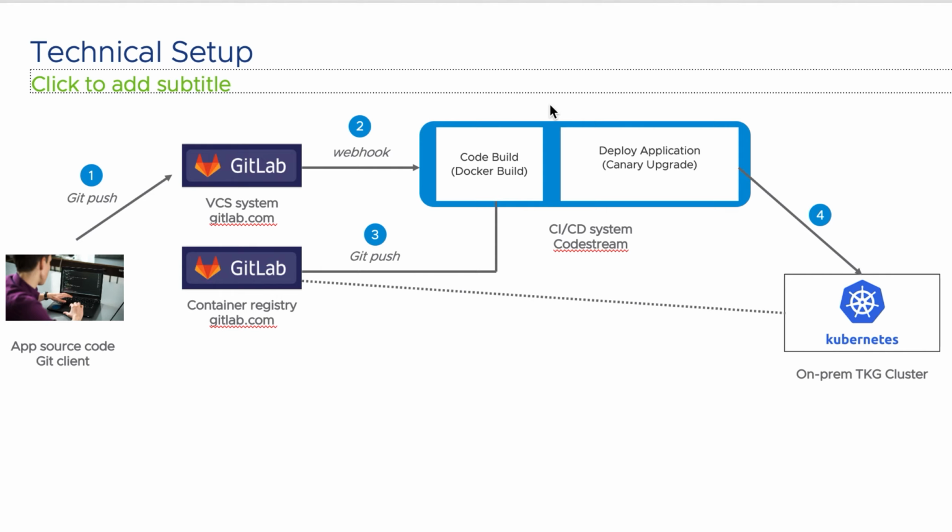The concept of a Canary upgrade is that we don't upgrade our entire user base at once from release N of a given application to release N plus one. In parallel to release N, we gradually introduce release N plus one, deploying it to a specific group of users based on grouping, geographical location, type of users, and so on.